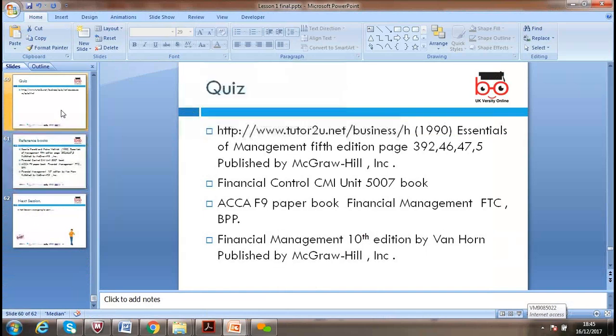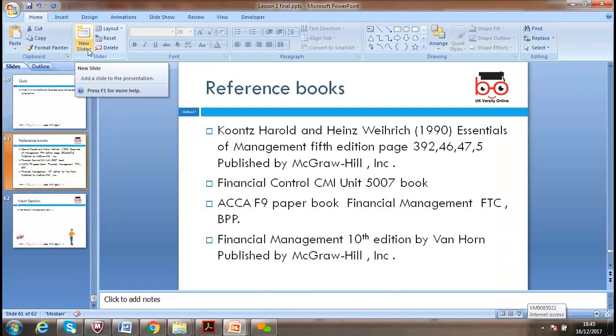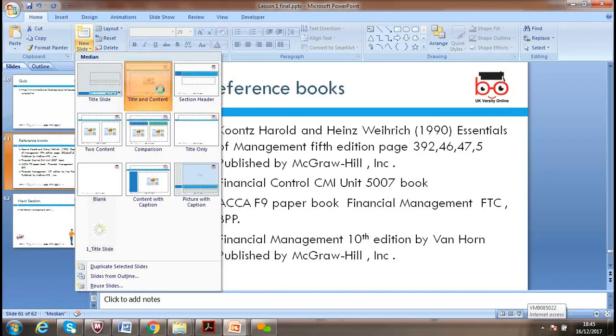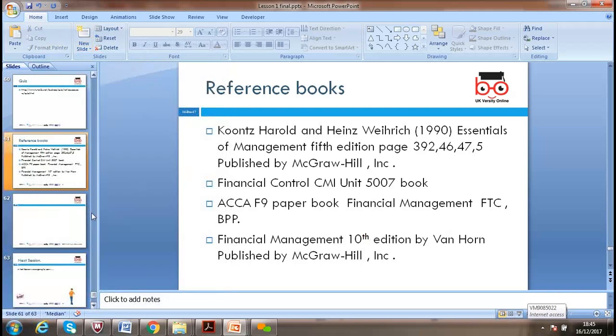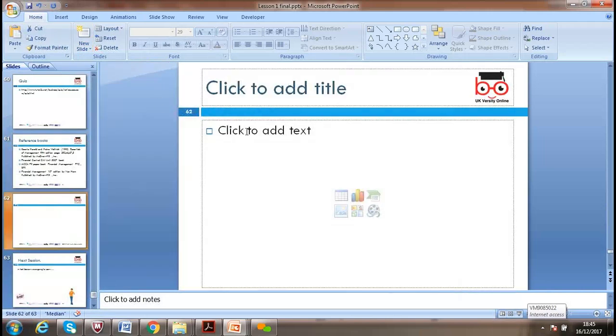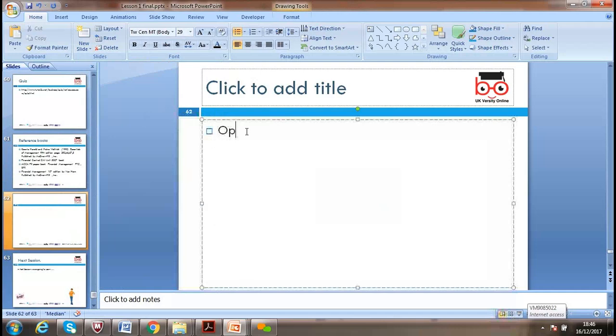These are the books you can follow, and I'll put the website names there. The website is called Open Tuition, and when you're writing, you can use it. Tutor2u.net.